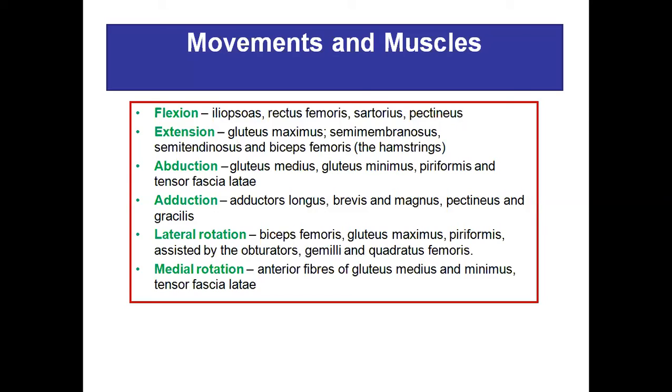Lateral rotation is by biceps femoris, gluteus maximus, piriformis muscle, assisted by obturators, gemelli and quadratus femoris. The medial rotation is by the anterior fibers of the gluteus medius and gluteus minimus with tensor fasciae latae. These are the muscles acting upon the hip joint.